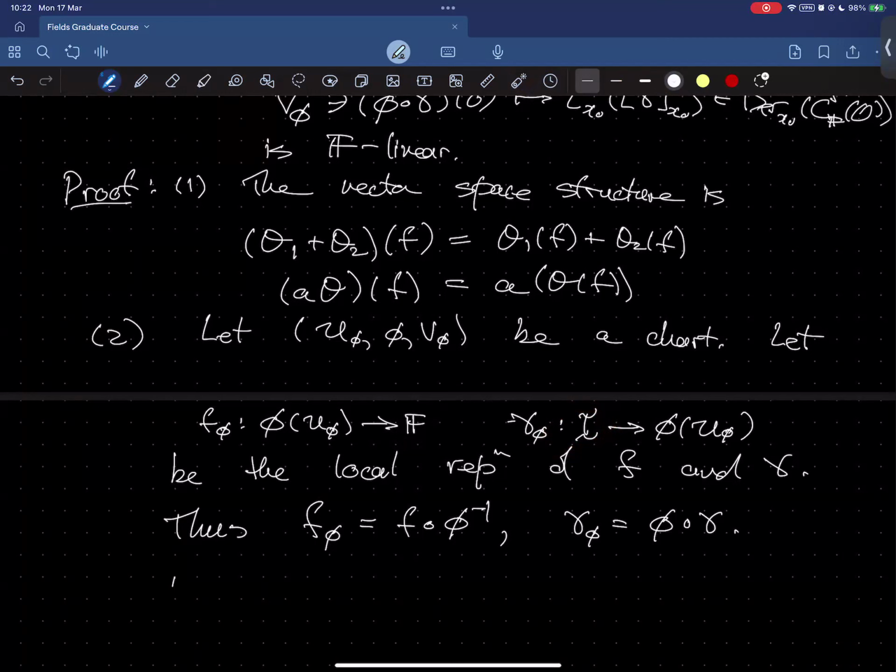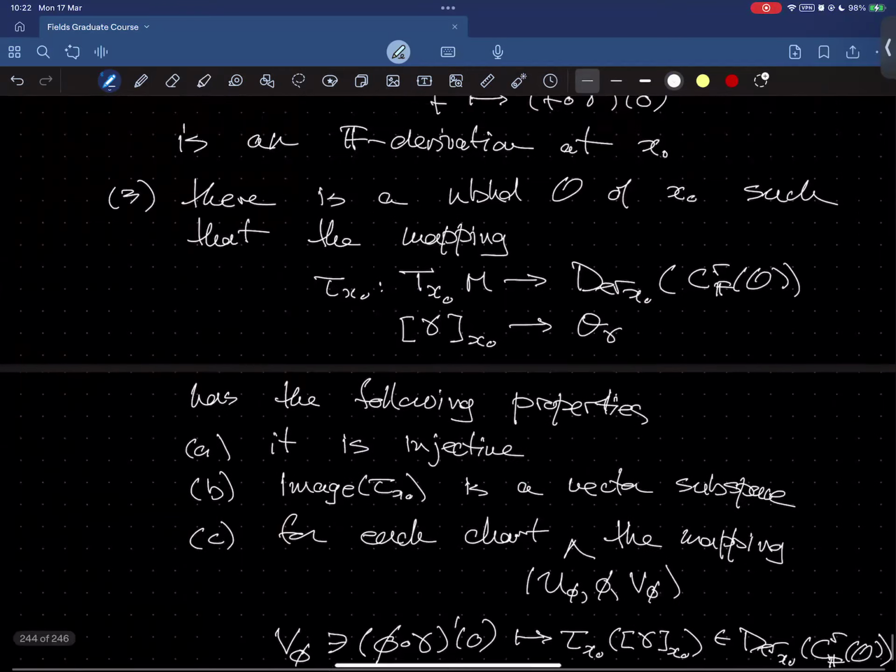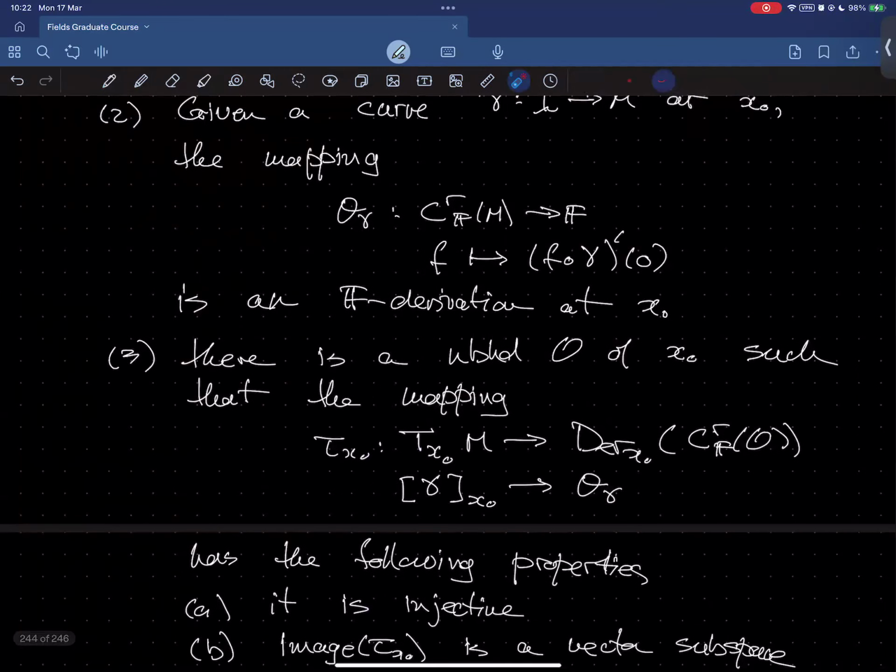I know that that's true. That's nice. All right, so now let's understand what this mapping is. This is my mapping. It sends a function to this thing.